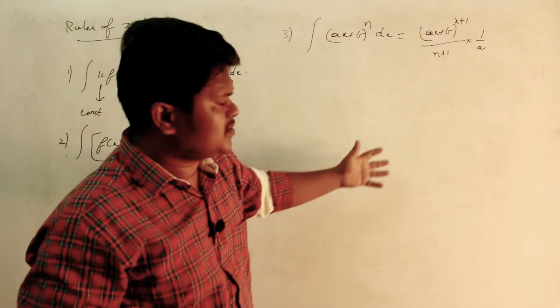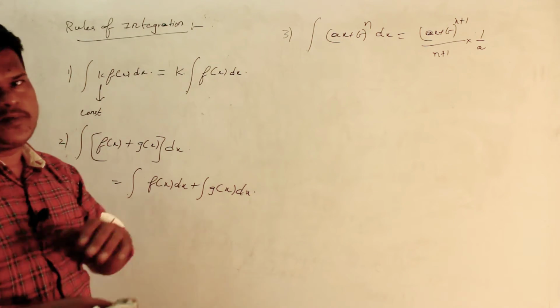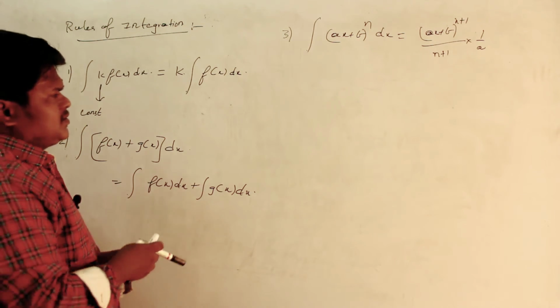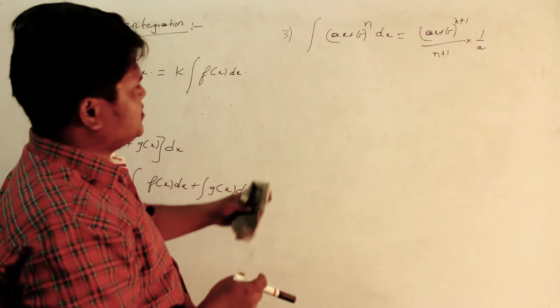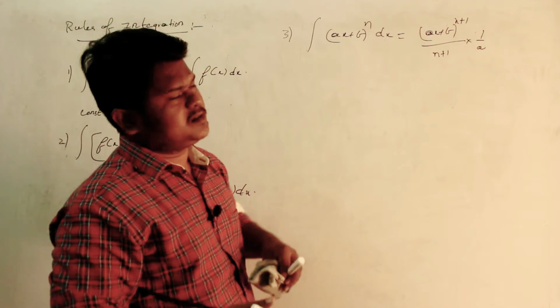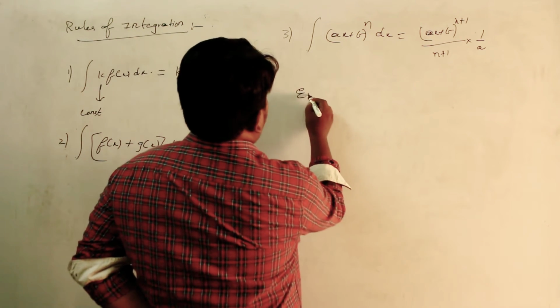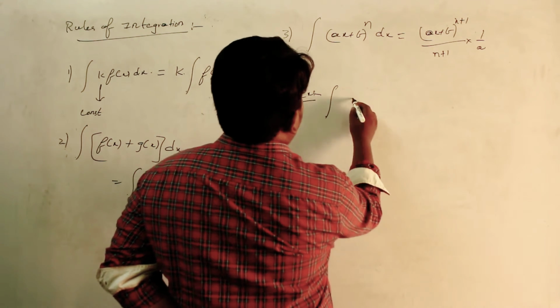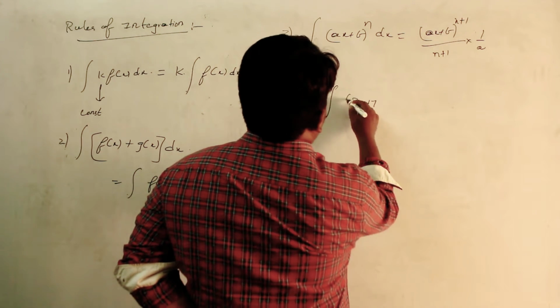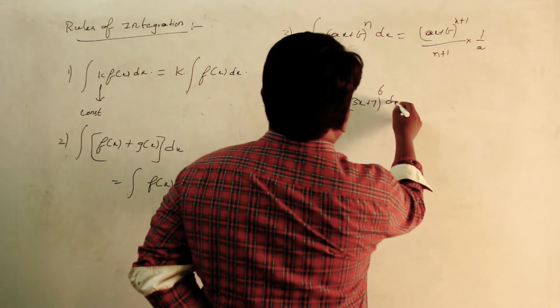So these are the three rules of integration which we are studying up to here. Let us study some examples of this third relation. Example: integration of 3x plus 7 whole power 6 dx.